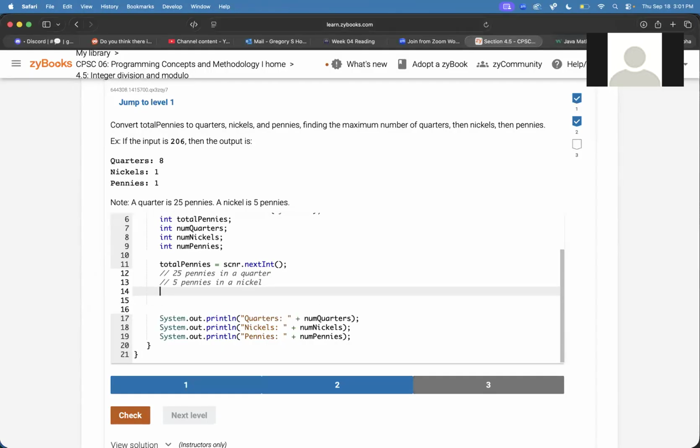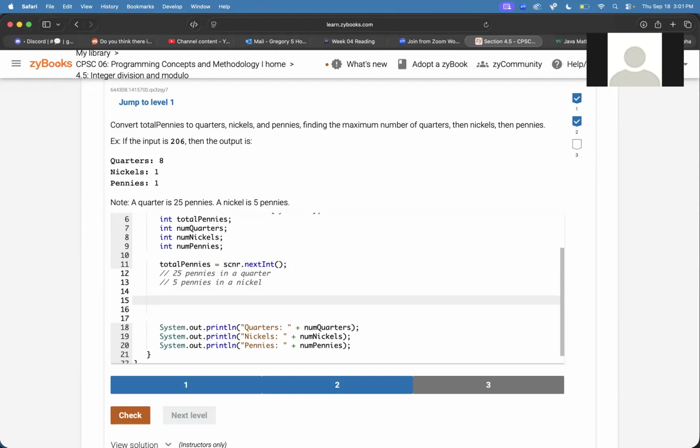The first thing you would do here, if they gave you 206 pennies, is figure out how many quarters that is. To get the num quarters, you would take the number of pennies, which is called total pennies, and divide it by how many pennies are in a quarter.